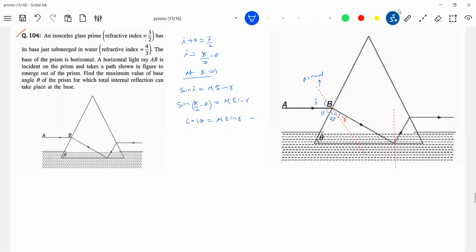We are asked to find the maximum value of base angle theta for the prism. Okay, I kept this equation. Mu of that is 3 by 2. Let me write that. Eliminate mu also. Keep it in equation 1. Now get into this one. Let me take some geometry help.